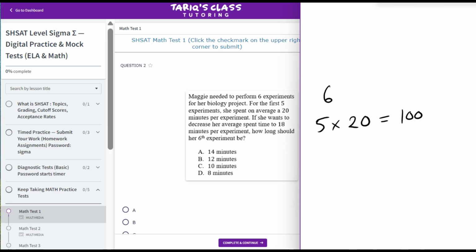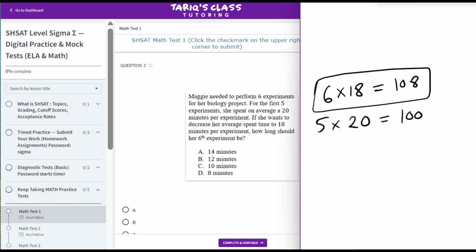And if she wants to decrease her average time to 18 minutes per experiment, how long should her 6th experiment be? If she wants it to be 18 minutes per experiment for all 6 of them, we do 6 times 18, that's 108.